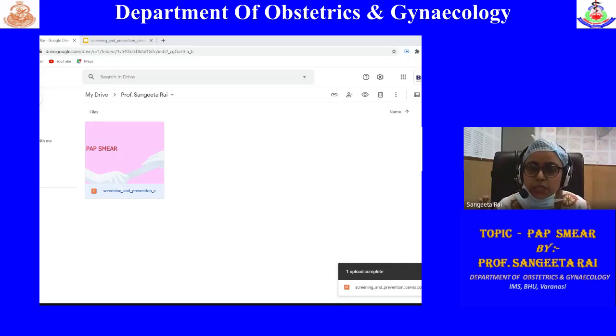But if the patient is hysterectomized, then what to do? Whether to go for the pap smear or not? Only if the hysterectomy specimen histopathology comes out to be CIN1, CIN2 or high grade neoplasia, then you have to continue till 75 years of age, or as long as the patient is alive. But if the cervix in the hysterectomy specimen is grossly normal, most of that comes as cervicitis.